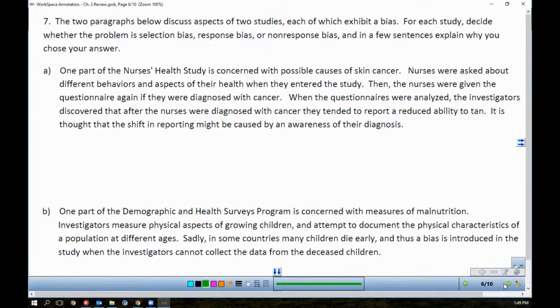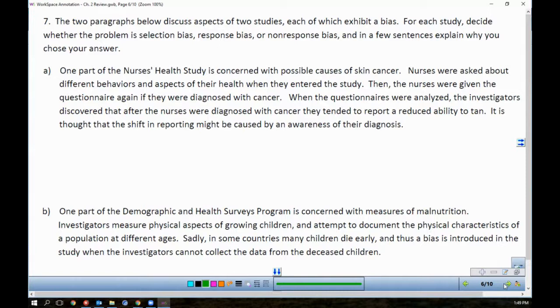It says one part of the Nurses' Health Study is concerned with possible causes of skin cancer. Nurses were asked about different behaviors and aspects of their health when they entered the study. Then the nurses were given the questionnaire again if they were diagnosed with cancer.